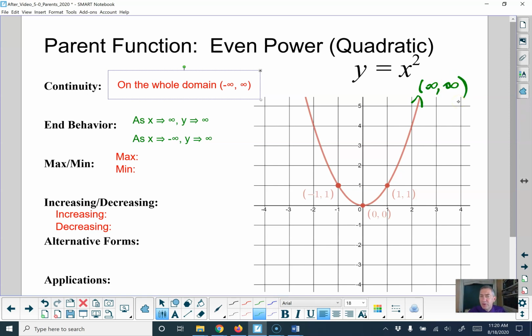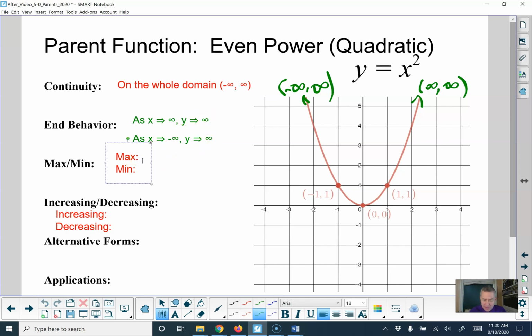We've got x and y both going to +infinity. On the left side, as x goes to -infinity, y still goes to +infinity. A negative times a negative is still a positive, and so y goes to +infinity both times.